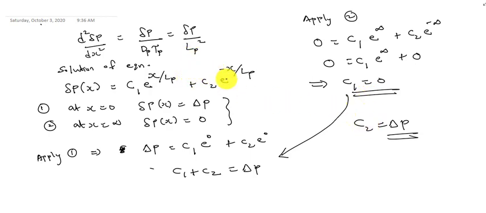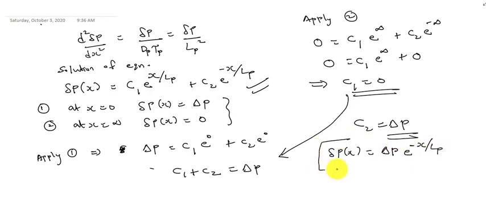So we have obtained the values of C1 and C2, and substituting them in the solution equation, delta p of x equals C1, which is 0, plus C2, which is delta p, into e raised to minus x by LP.